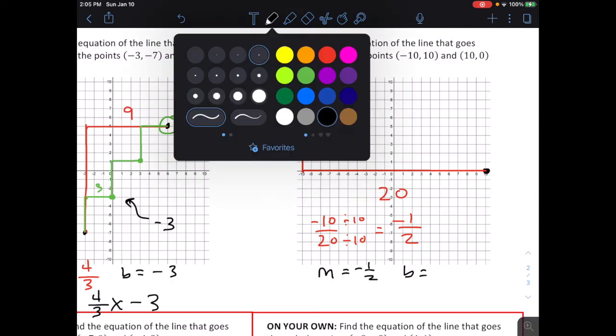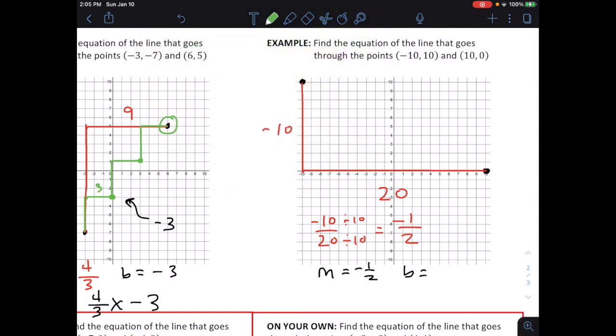And now I'm going to go up here and use that slope to go from the left-hand point all the way to the y-intercept. So I'm going to go down 1 over 2, make a point, down 1 over 2, down 1 over 2. And I'm going to keep going until I end up on my y-intercept. And there we go.